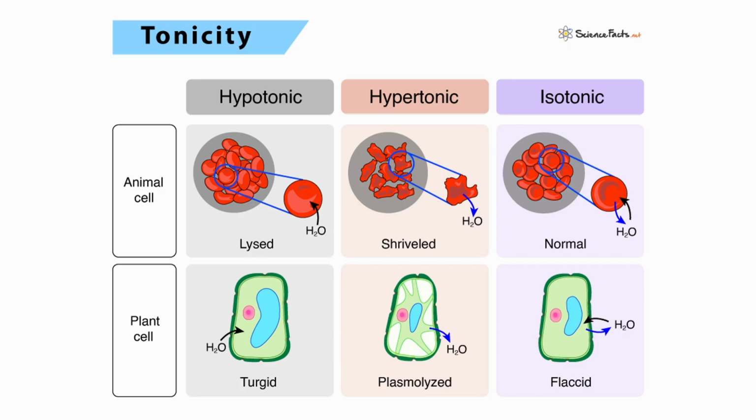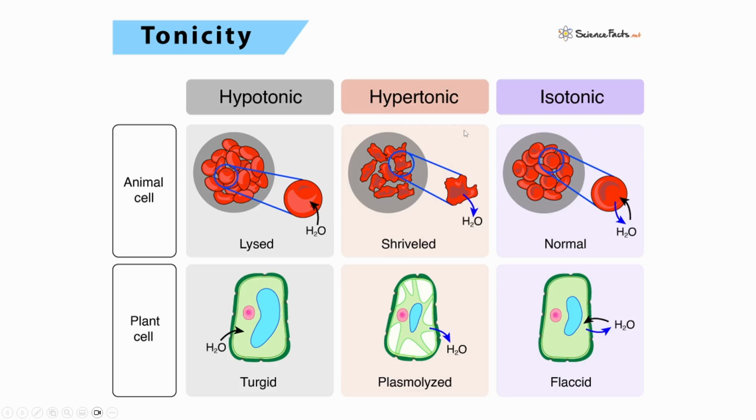So when we talk about cells now that are being affected by this process of osmosis, there's a major impact this can have, because when you have a difference in the salt concentrations outside of the cell versus inside the cell, that can result in water moving unequally across that membrane.